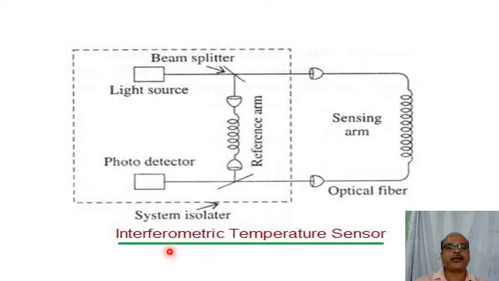So this is an interferometric temperature sensor. Here a beam splitter is used with the light source, and this is a sensing arm as shown in this figure, and through the optical fiber cable the sensed temperature is detected at a photodetector. Generally PIN or avalanche photodetectors are used.